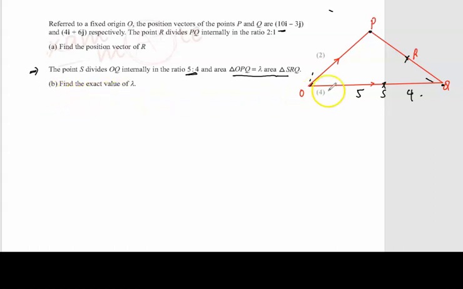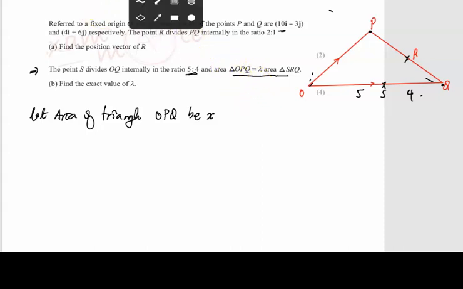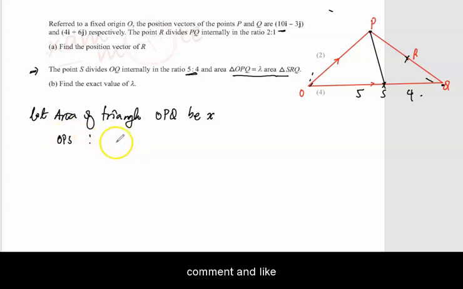How we start here, we let the area of triangle OPQ be X. This ratio is going to divide this big triangle into 2 triangles, triangle OPS and triangle SPQ.